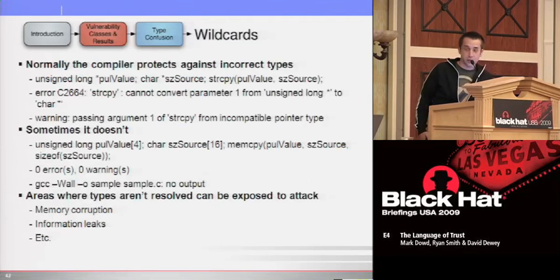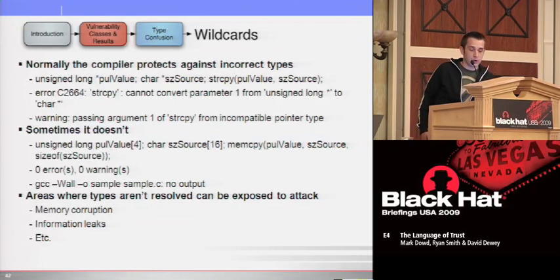So these wildcards are normally used to protect the programmer from shooting himself in the foot. Basically, with that first line of C code we have up there, if you try to compile it, the compiler will emit a warning saying that it cannot convert the parameter from an unsigned long to a char star. The first warning is actually from the Visual Studio compiler, and the second is from GCC.